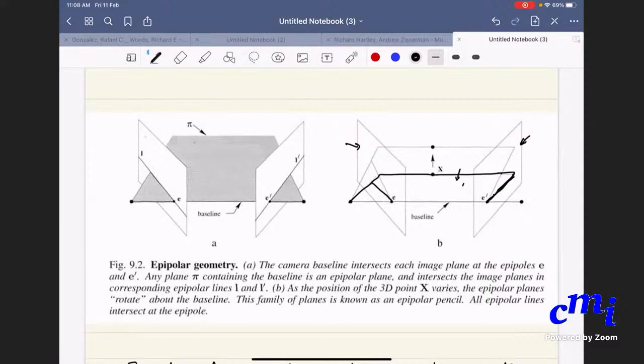Any epipolar plane will intersect both image planes and give rise to a corresponding pair of epipolar lines. These two are said to correspond to each other. Then you take another plane and look at the corresponding intersections. Those two will correspond to each other, and so on.